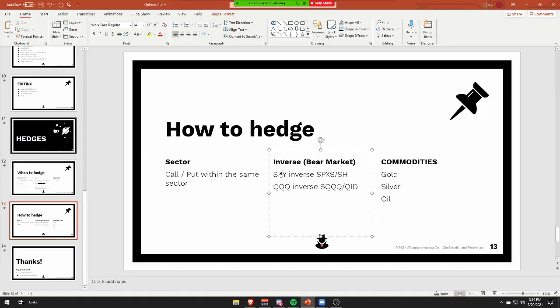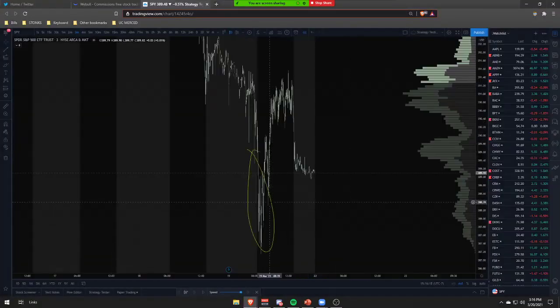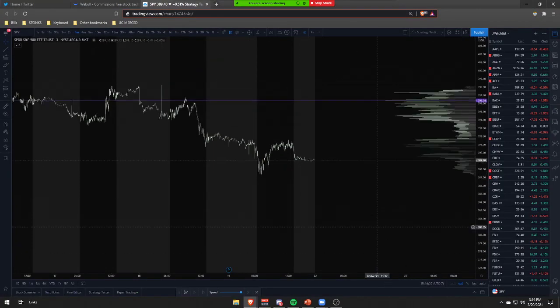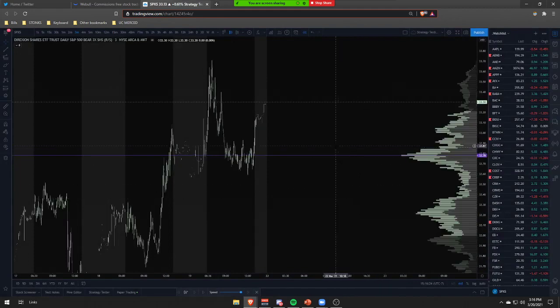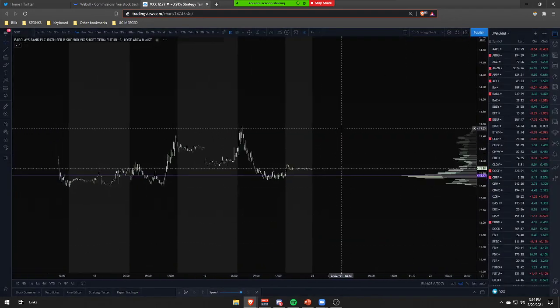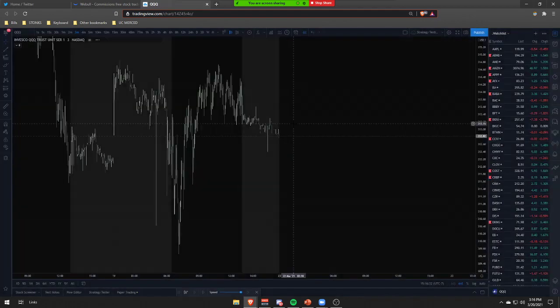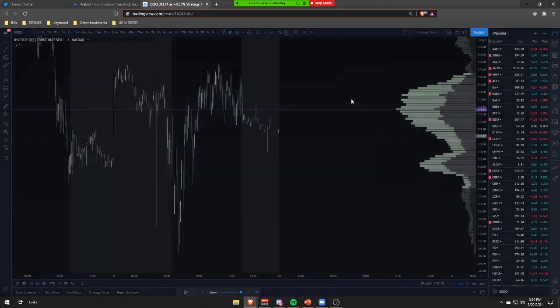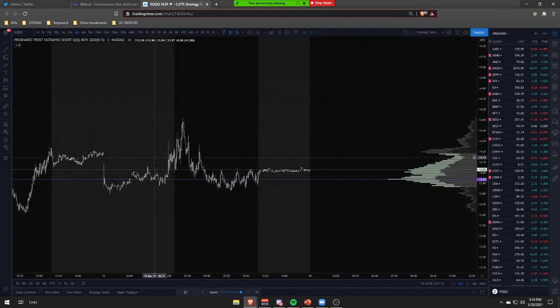You could play the inverse. SPY has an inverse, the Qs have an inverse. SPXS is the inverse, the bear market. You can hedge with VXX, same thing. You have your Qs, and then you have your SQQQ, which is the inverse.